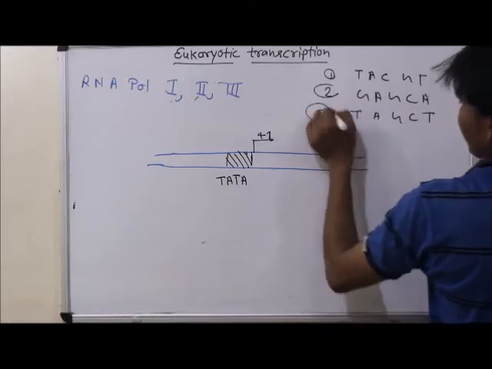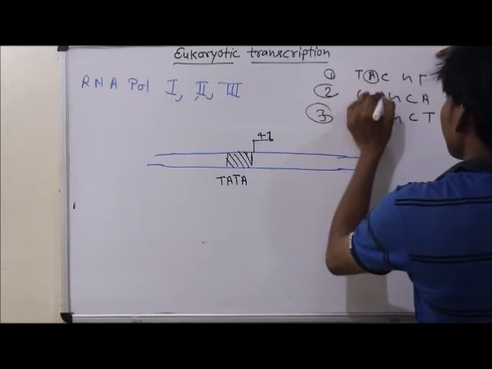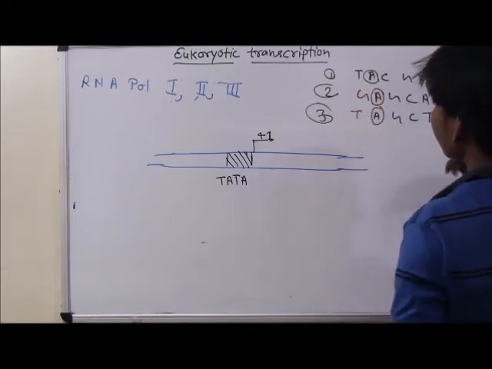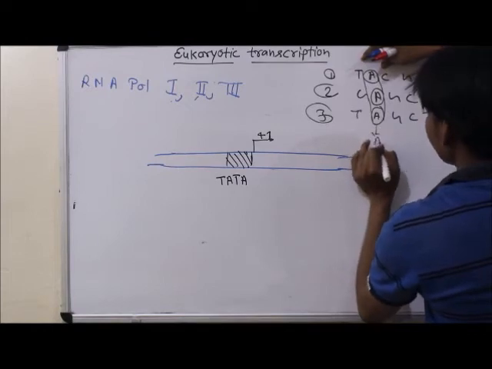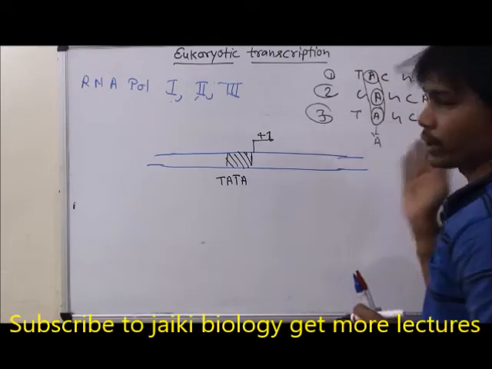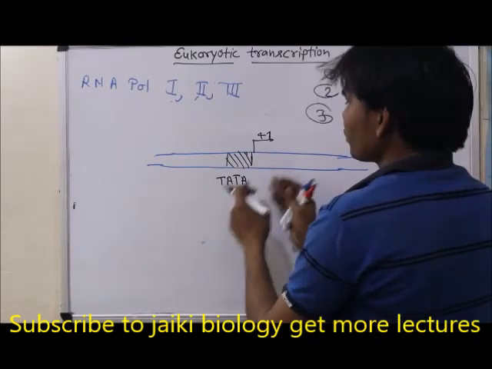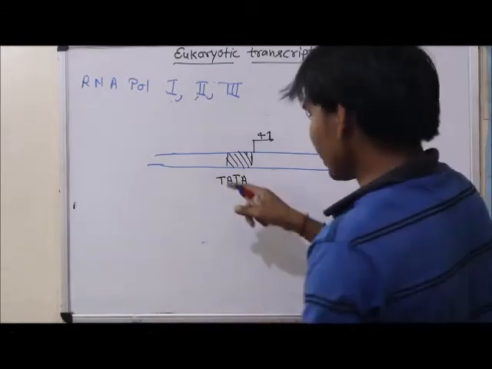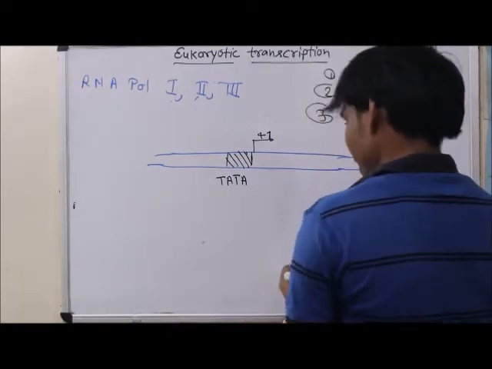These are three DNA sequences in which one base, A, is common; that is called a consensus sequence. A is the consensus in the three DNA sequences. So the TATA box becomes a long DNA sequence in which TA is the consensus, where RNA polymerase binds.